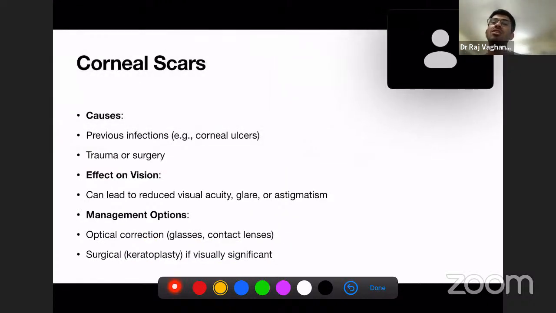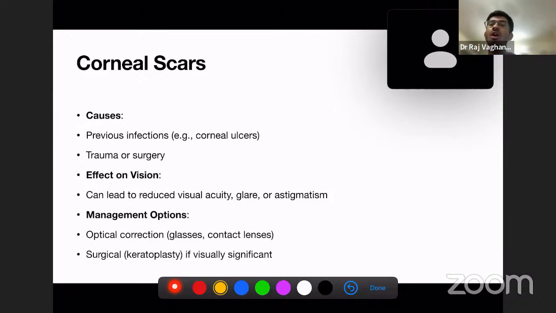Now the corneal scars. What are corneal scars? They are scars present in the cornea. It's as simple as that. Now what are the causes of corneal scars? They include previous infections like corneal ulcers, and trauma or surgery. If there is trauma or surgery, your cornea has been inflamed, and due to the inflammatory reaction, a corneal scar is left behind.